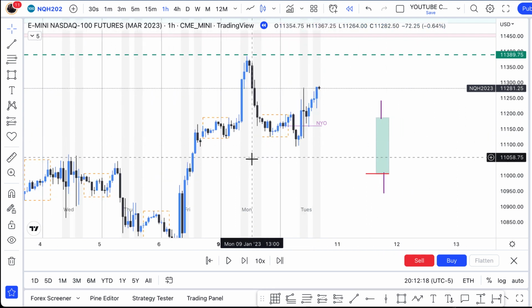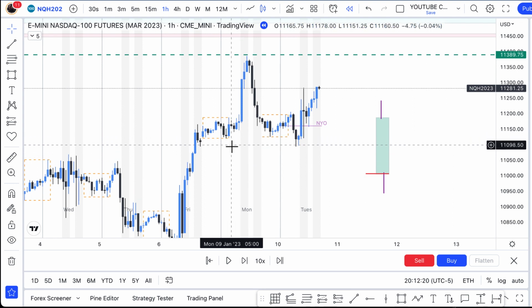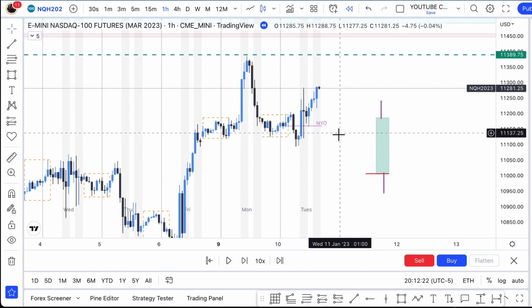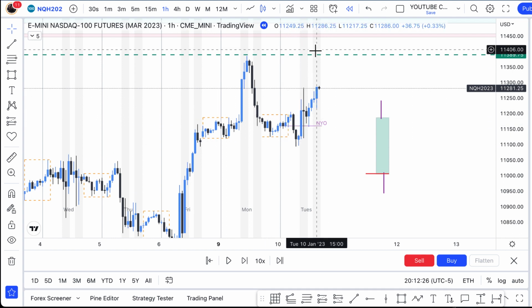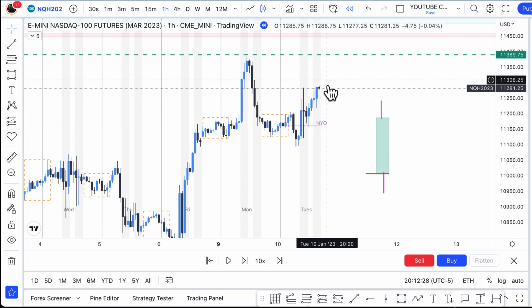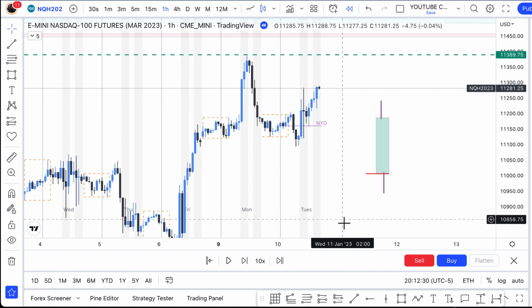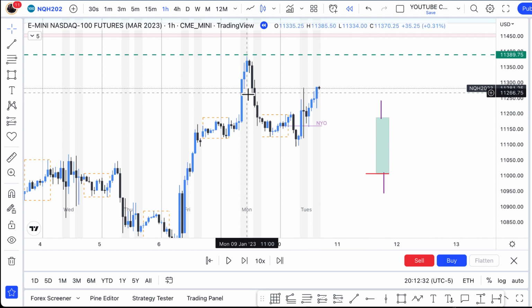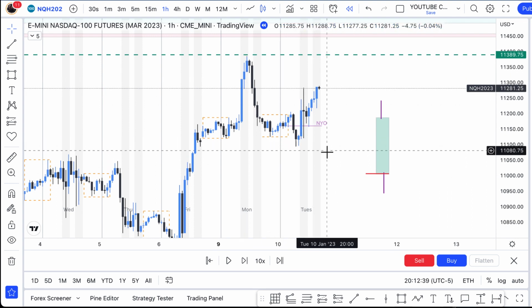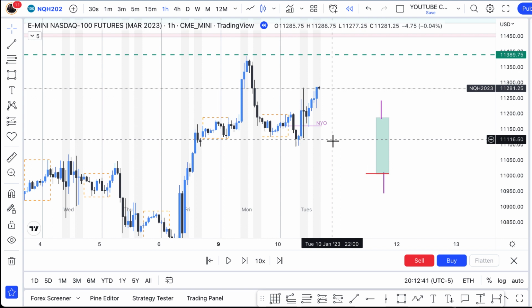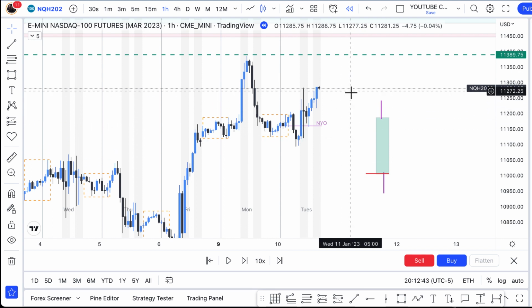That's why a lot of traders like to wait for Monday to roll by and then see what happens on Tuesday. If Tuesday goes above Monday, then it's a high probability that the market is going to be forming a bearish candle. Sometimes you'll see the low or the high being formed on Wednesday, and that's something you'll understand through experience, how to utilize that to your advantage.